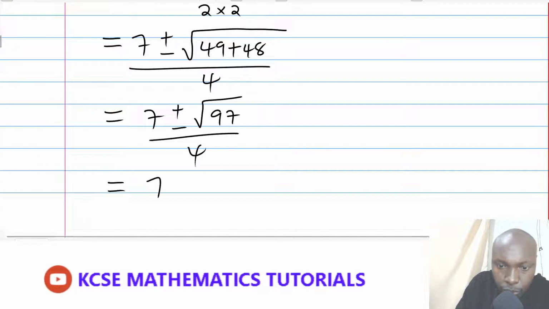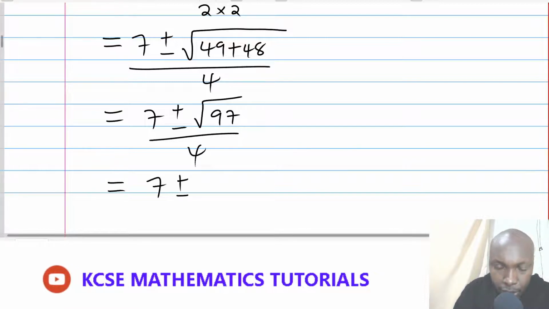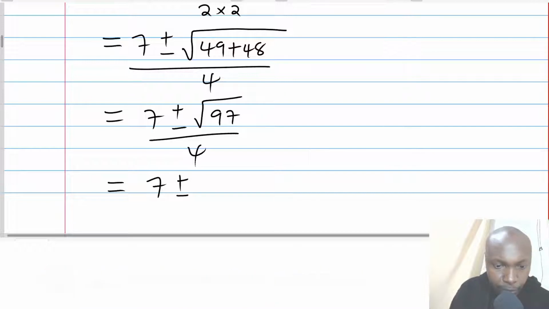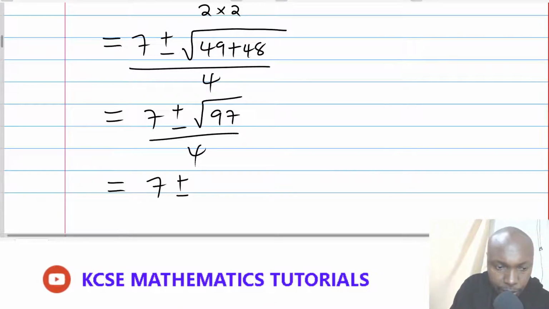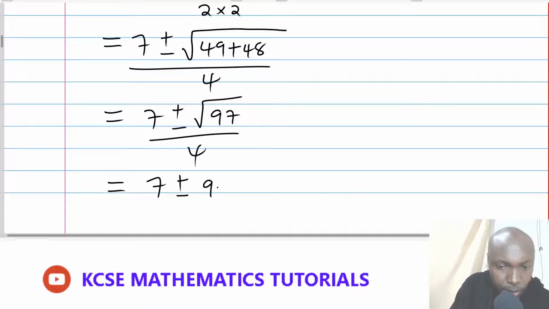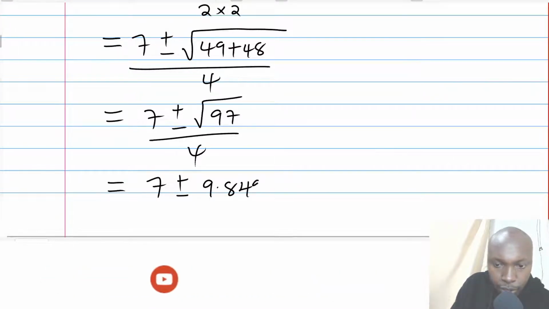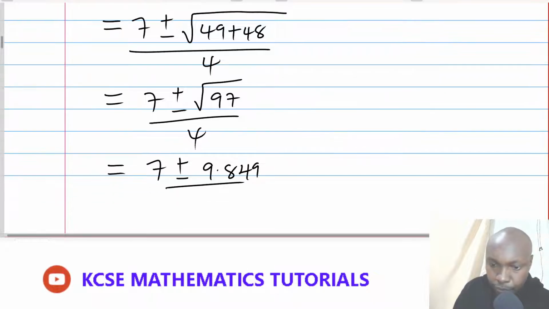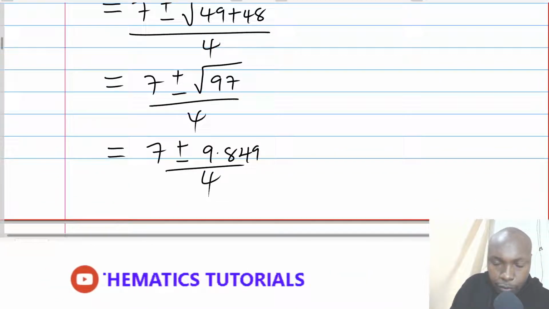That is 7 plus or minus the square root of 97, everything divided by 4. Using a calculator, the square root of 97 is 9.849. So 7 plus or minus 9.849, everything divided by 4.